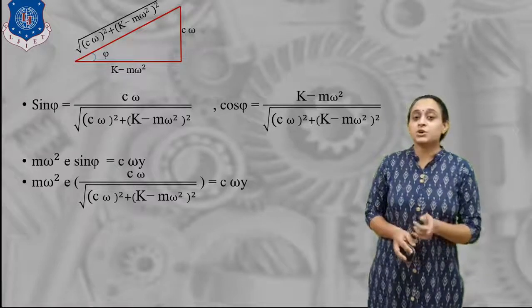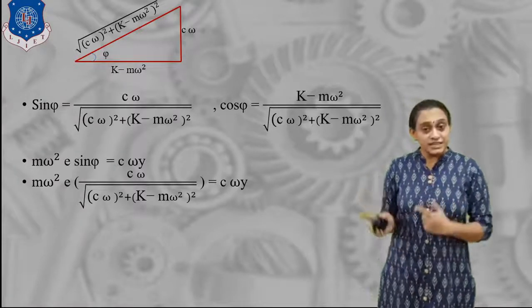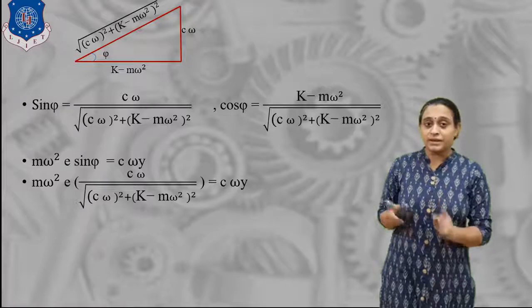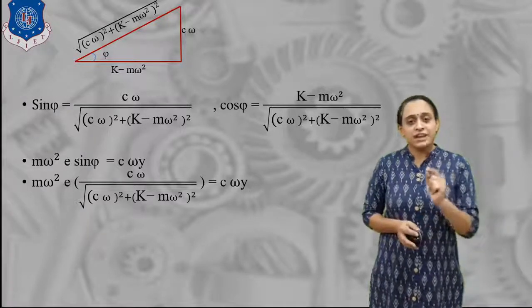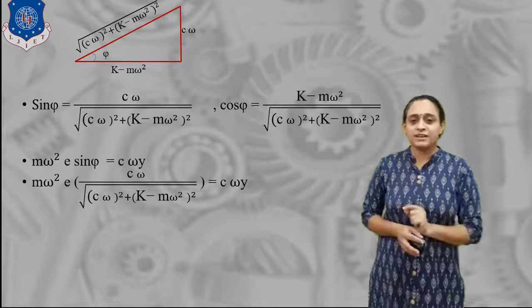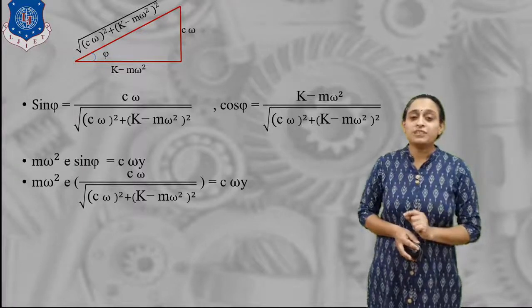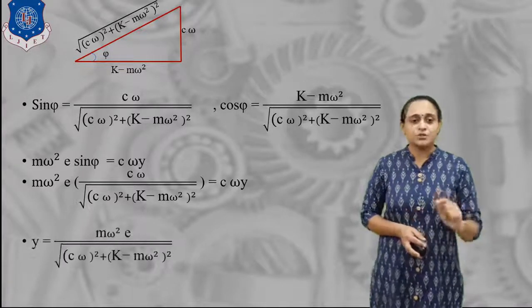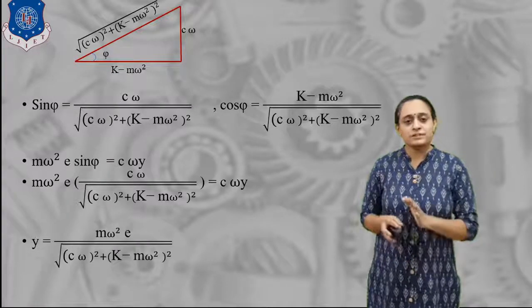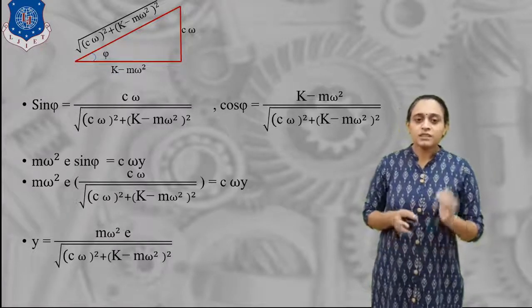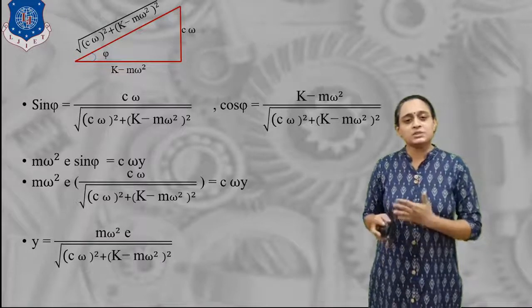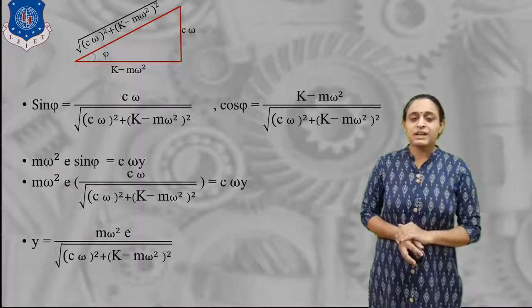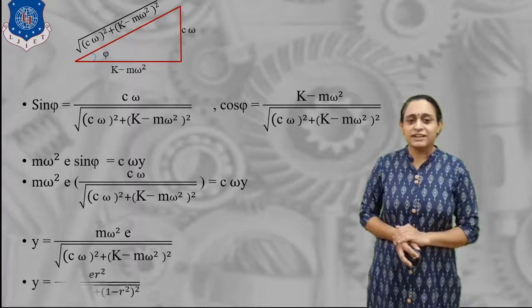And that is equal to C omega y. Okay. If you see in this diagram, C omega is on both the sides of the equal sign. Hence, we have to cancel out this C omega. Fine. So what we will get as a y value? So y is equal to m omega square E upon under root of C omega whole square plus K minus m omega square whole square. Okay. So this is our y value.